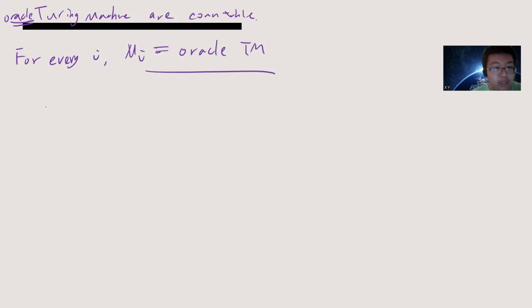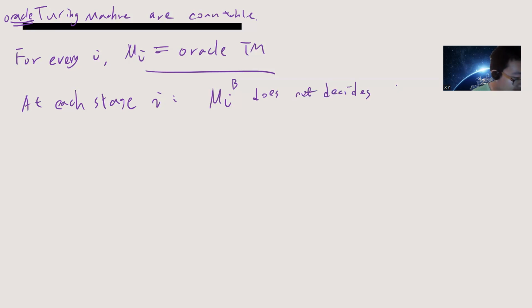Okay, so at each stage i, we want to make sure that this M_i^B, or just oracle B, does not decide U_B in floor of 2^n divided by 10 steps.